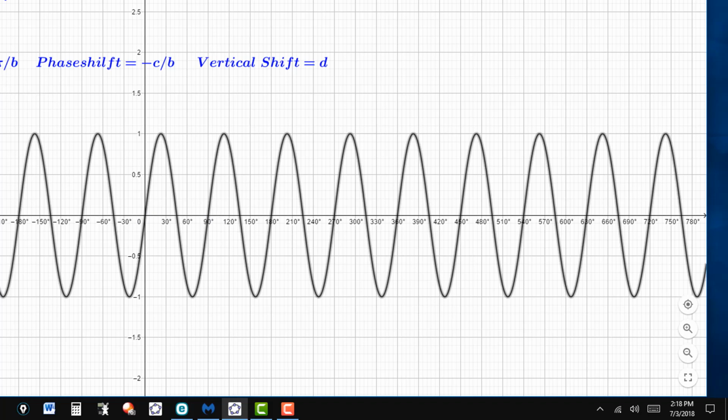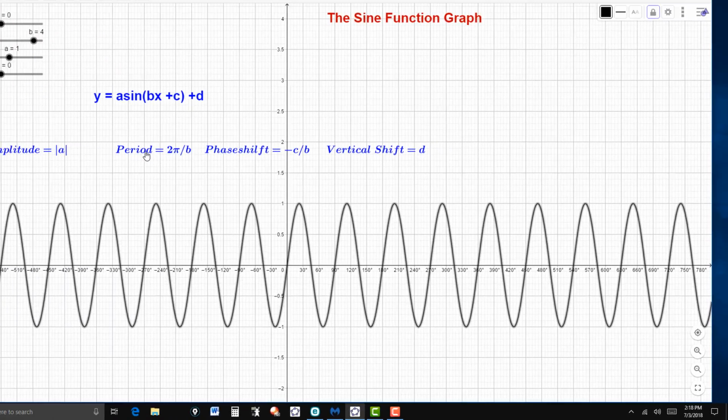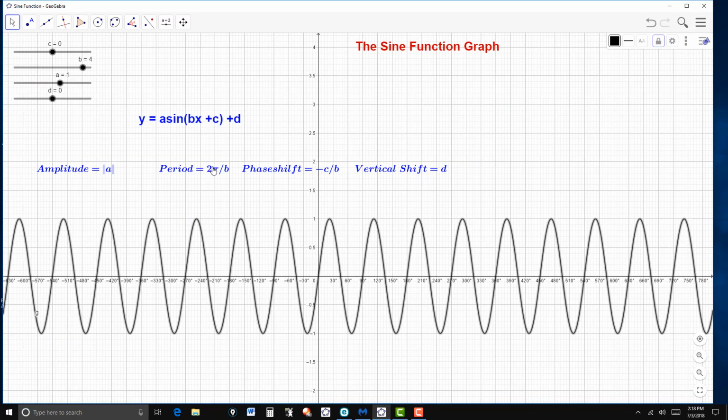And that's why we're saying the period is always going to be 2 pi, or if you're dealing with degrees, which is what we're doing here, 360 divided by whatever b is. In our case, b is 4, so that's going to give us 90.